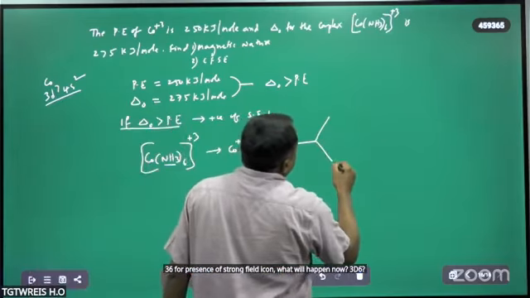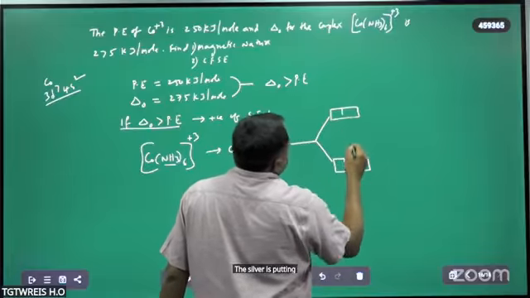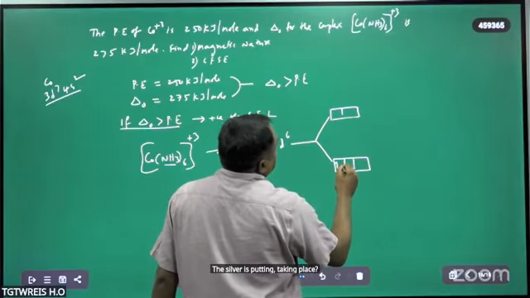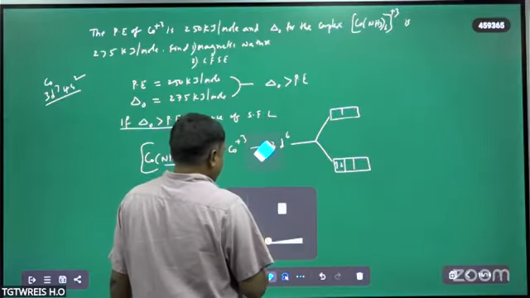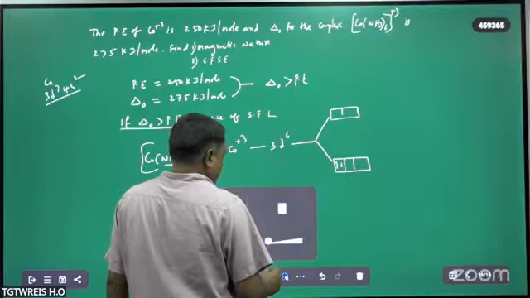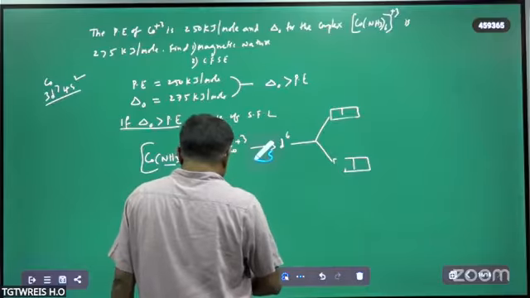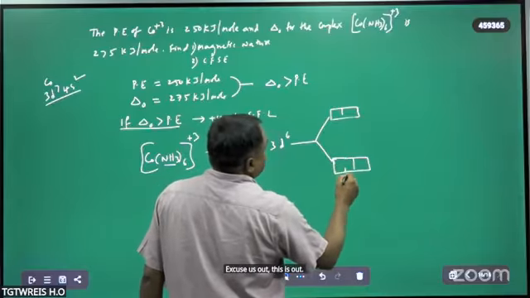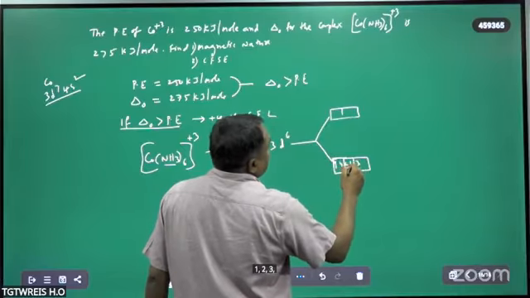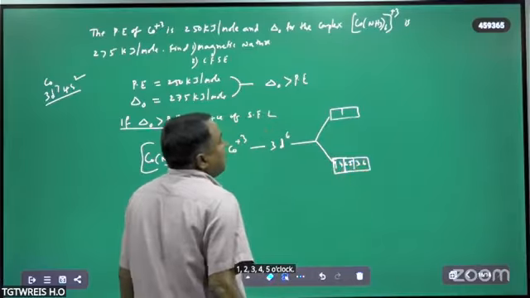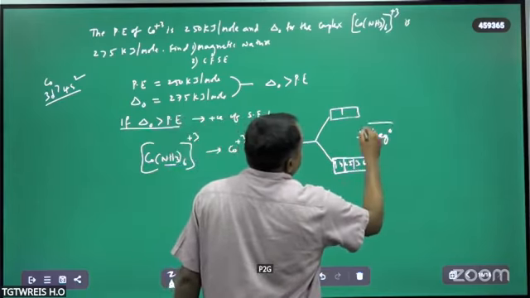The crystal field splitting takes place, and the six electrons fill 1, 2, 3, 4, 5 and 6, so t2g6 and eg0.